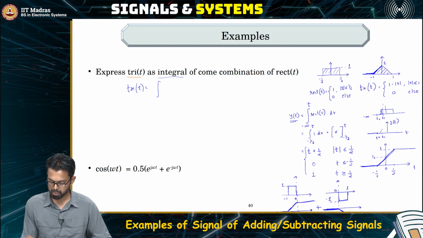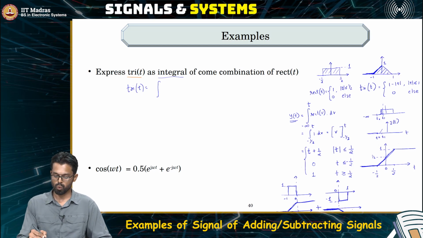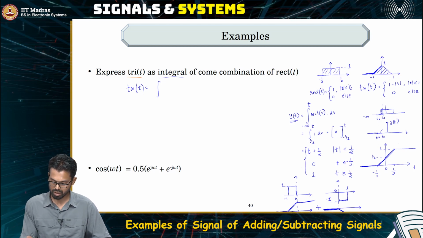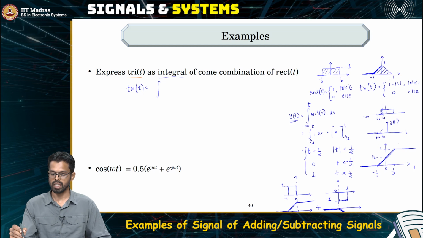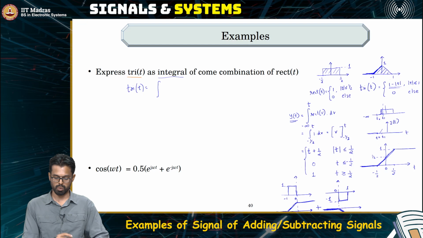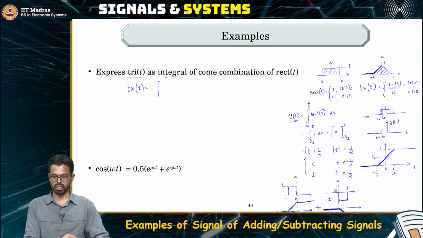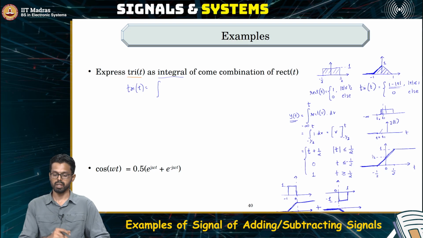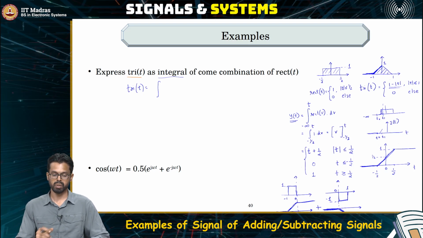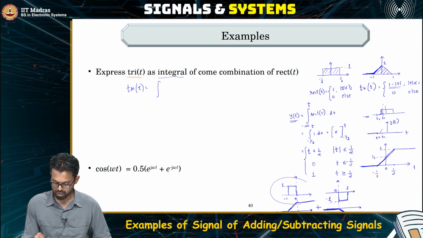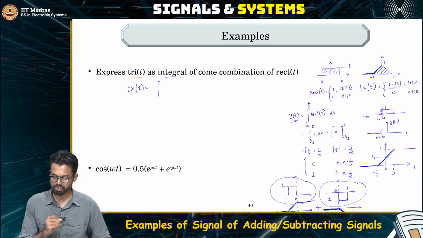In between, we have 1 minus t, this slope, which exactly gives us what we have here. So this is what we are looking for. Once again, this is only one particular way of obtaining the triangular signal from the rectangular function. There are multiple ways. So now it means that I have to get this portion and this portion.